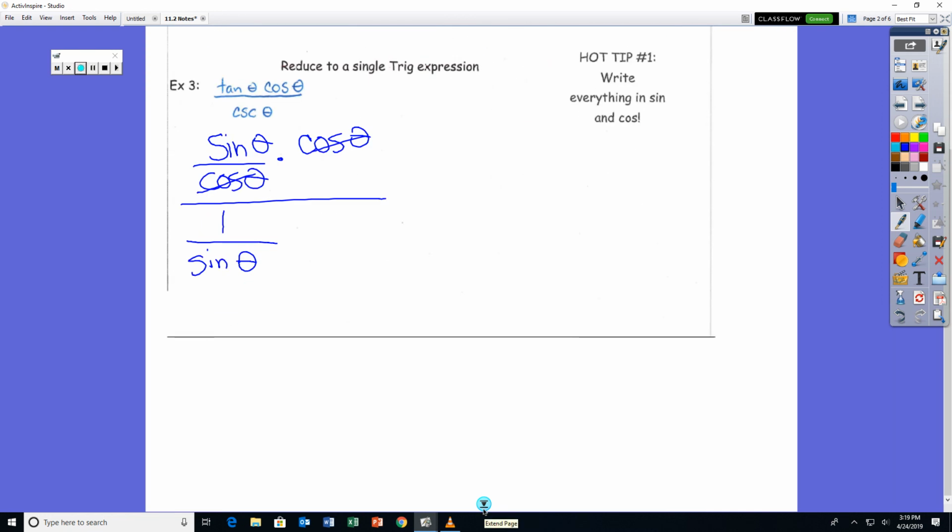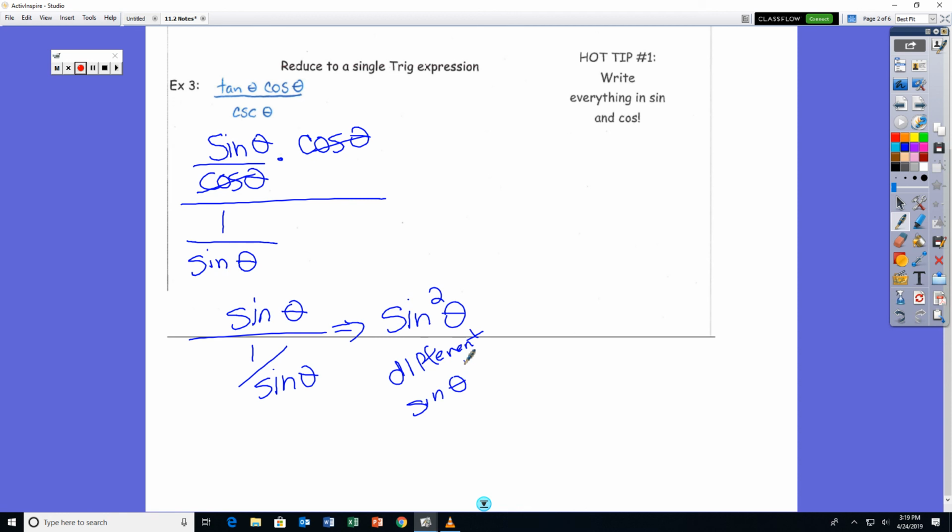So when my sine and cosine cancel out, I'm left with sine theta over 1 over sine theta multiplied by your reciprocal, and you end up with just sine squared theta. Now remember, this is not the same thing as sine of theta squared. They are two different things. That is my first example.